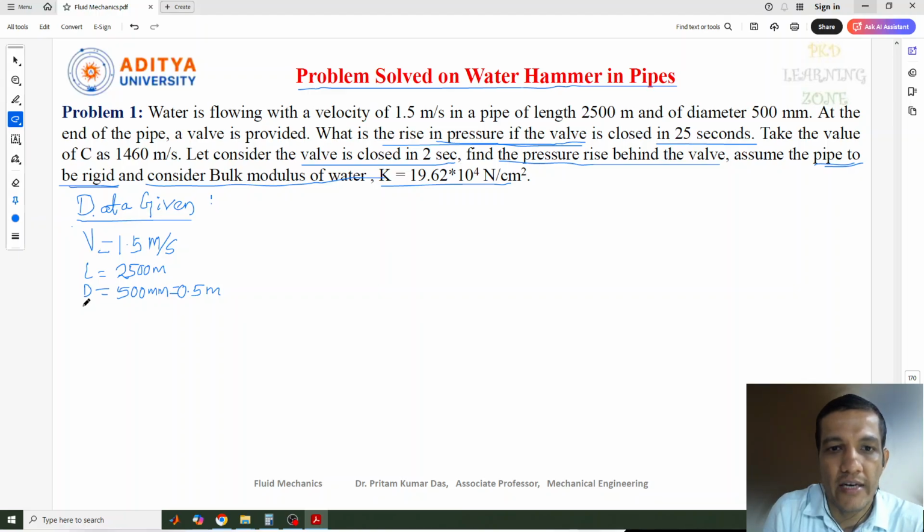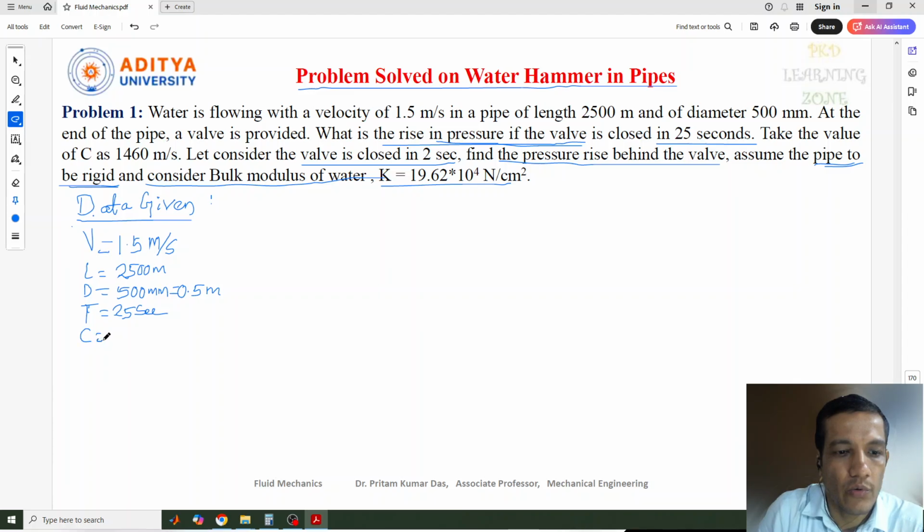Okay. Now, what is the time given? We need the first condition. What is the rise in pressure if the valve is closed in 25 seconds? So here we'll write the time: time equal to 25 seconds. And consider the value of C. C is nothing but the velocity of the pressure wave when the valve is closed.